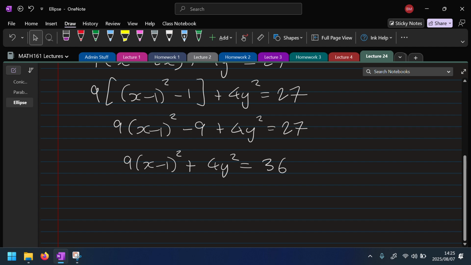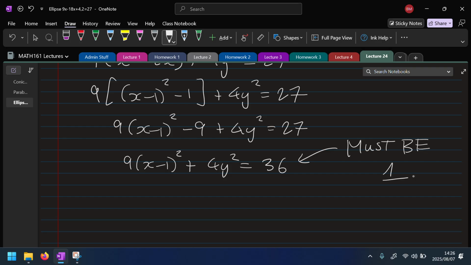Now still not in standard form because that right-hand side there is not 1. So this side must be 1. Well, that's easy. We just divide through by 36. So we're going to have 9 x minus 1 squared over the 36 plus 4y squared over the 36, and that's 1.